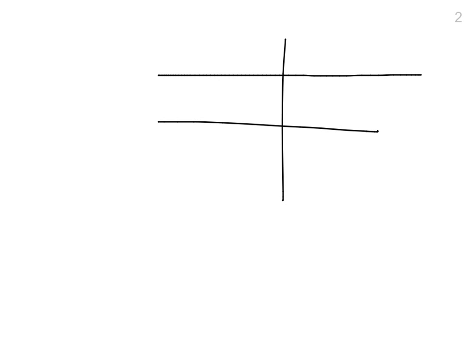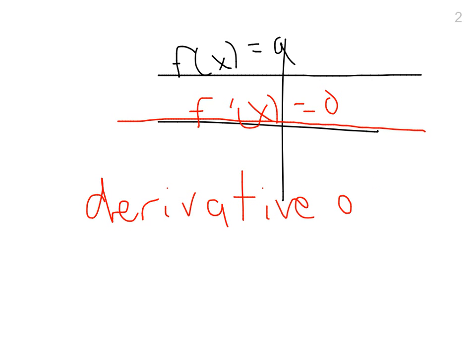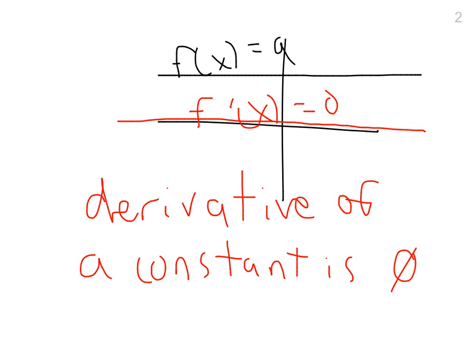Well, you can run, but there's no rise, so f of x equals, I don't know, a, but f prime of x is 0. So the derivative of a constant is 0.